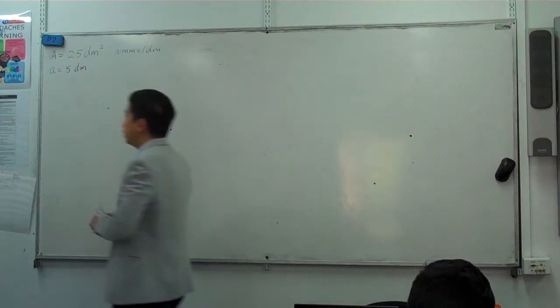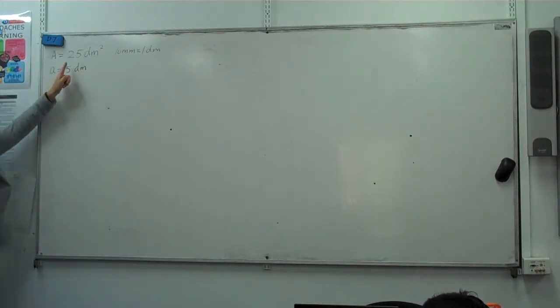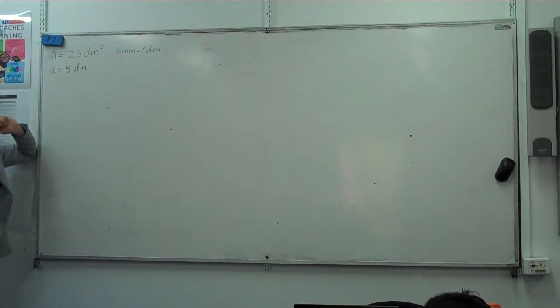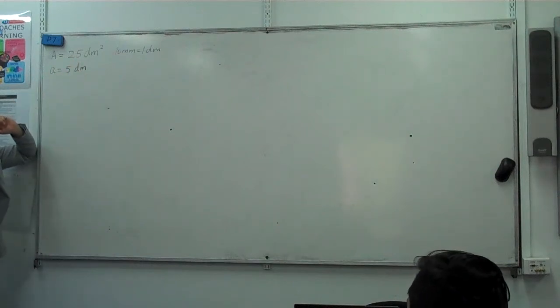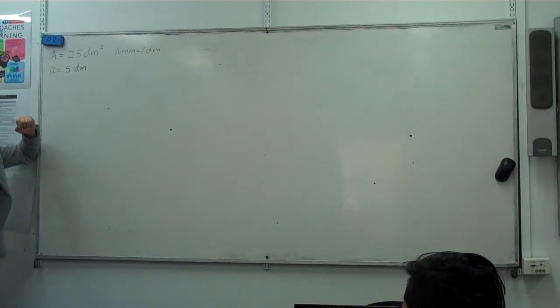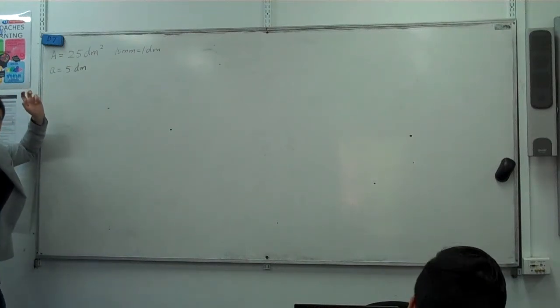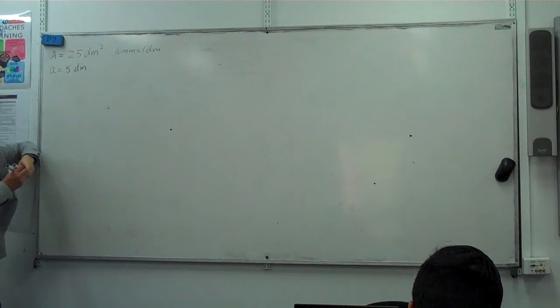Okay, now, some people wrote, because the area is 25, therefore what? So what is the length? How did you calculate that? Could you tell me your answer? Because area equals length times width.